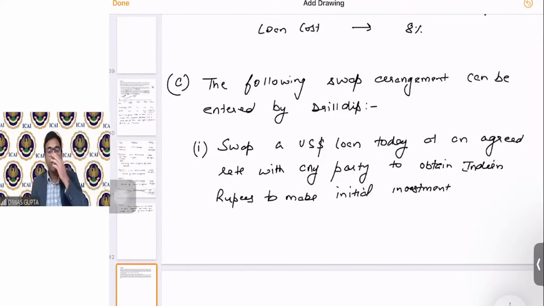Understood, students? So what it will do, it will swap the required USD amount to get 500 crore rupees in INR.